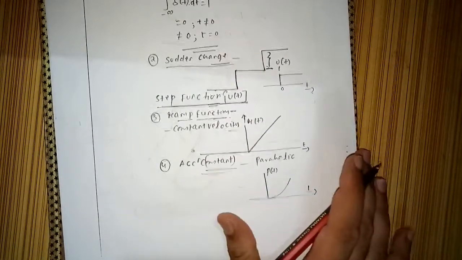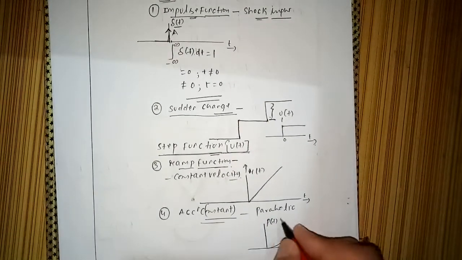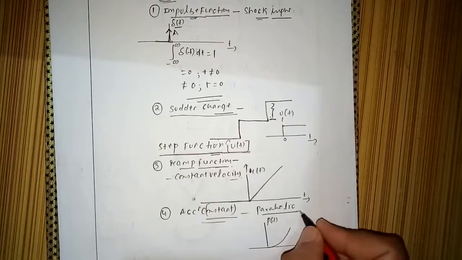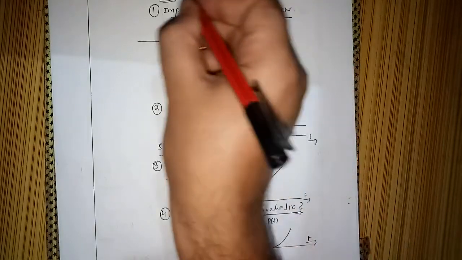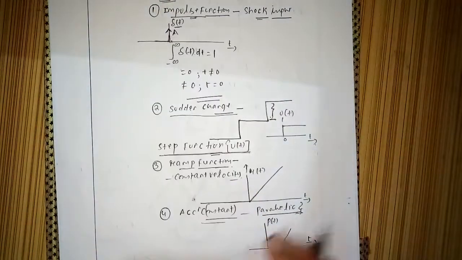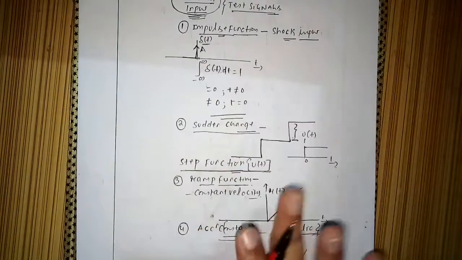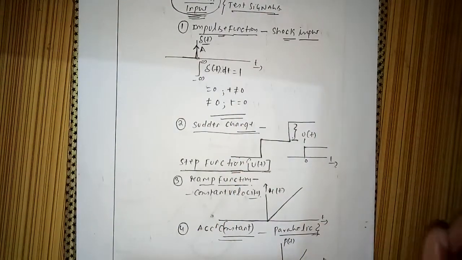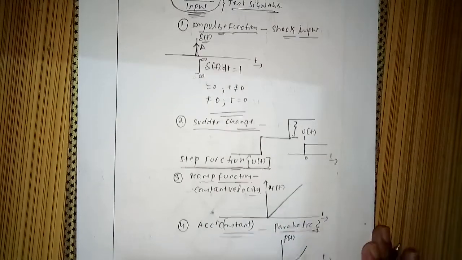So these are the very general ones. There can be third-order or fourth-order inputs, but generally we use these, and these are the very basic test signals. By using these four signals we can generalize any random input. Not exactly, but approximately we can know the response of the system.